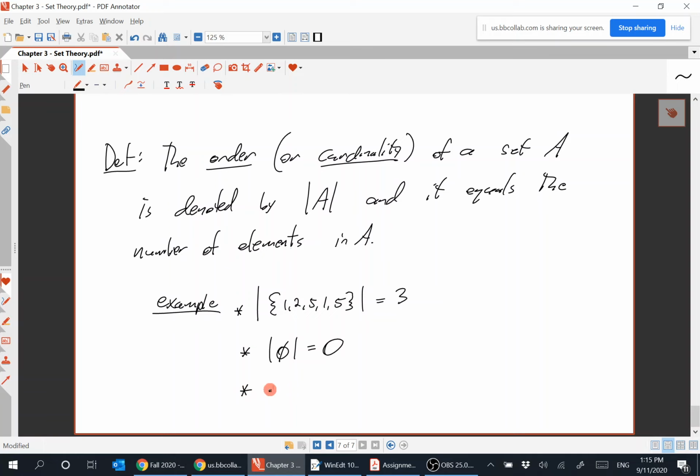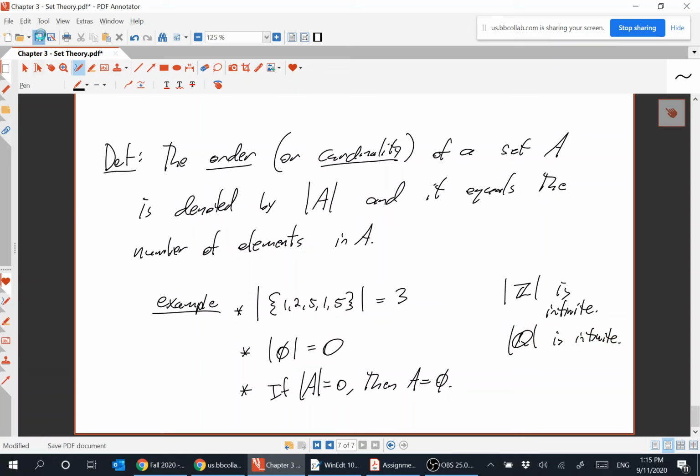And if A has order 0, then A must be equal to the empty set. These other sets, like Q, are infinite.